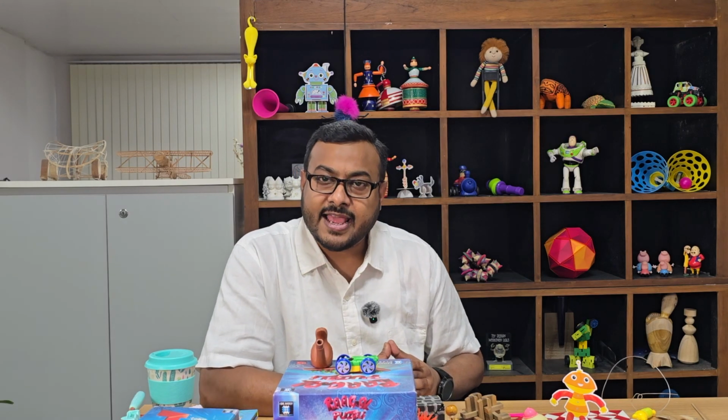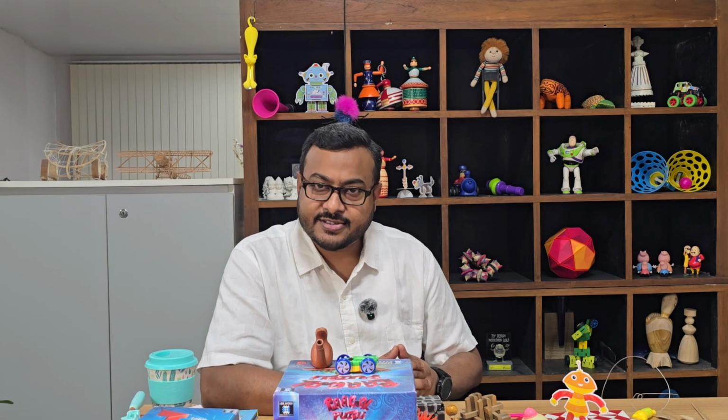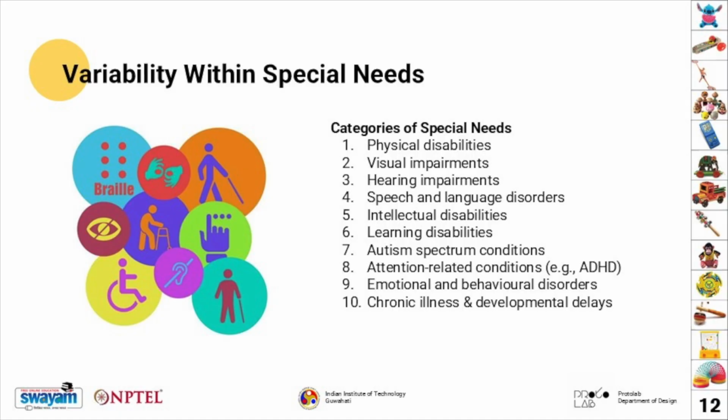To better understand special needs, researchers and educators have proposed broad categories. The classification used here draws from educational and child development literature, including works by Klisheva and others, who categorize children based on the type of support they require, not simply diagnosis.